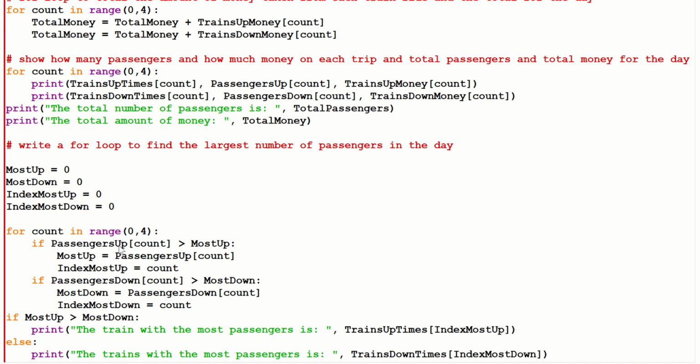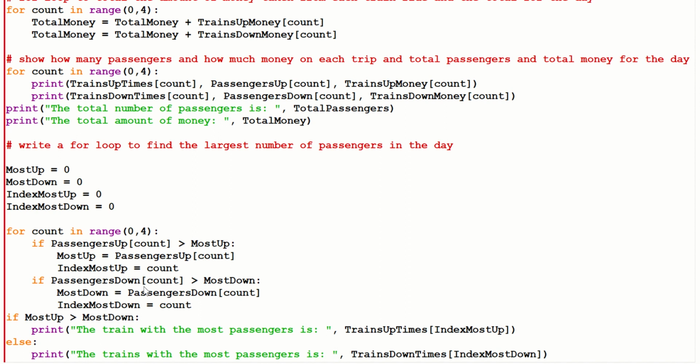If passengers up for train number, for passengers up 0, position 0 is more than 0, of course it will be, then most up would be that, and index most up would become count position, count number. So 0, 1, 2, and 3.